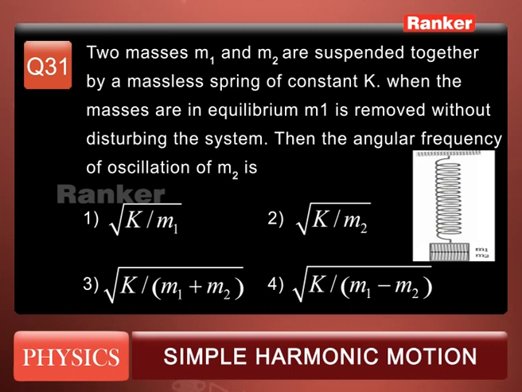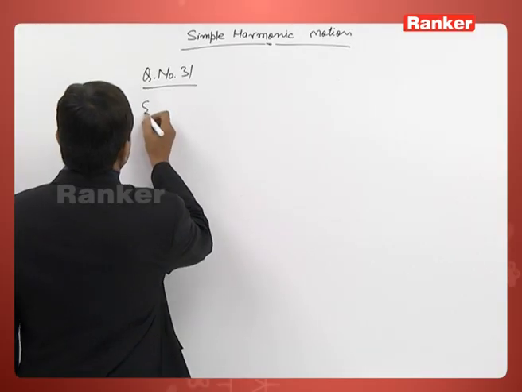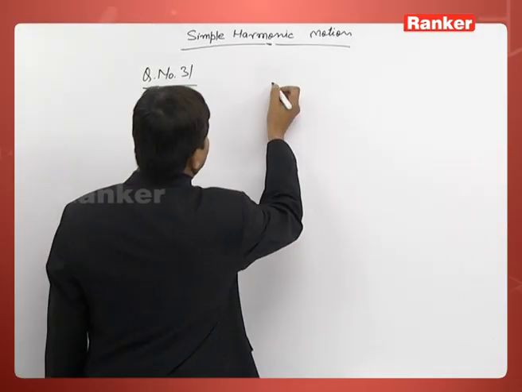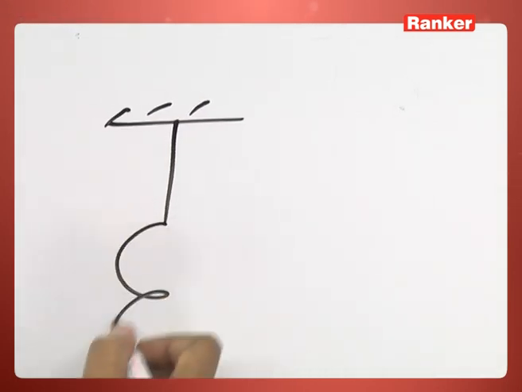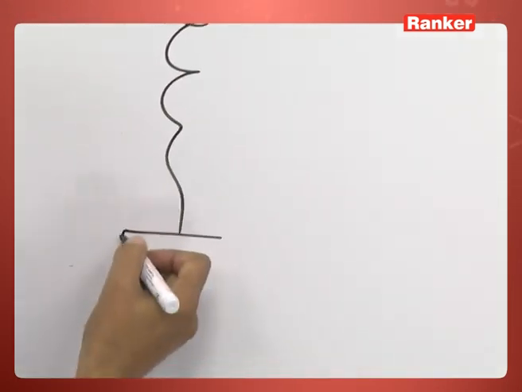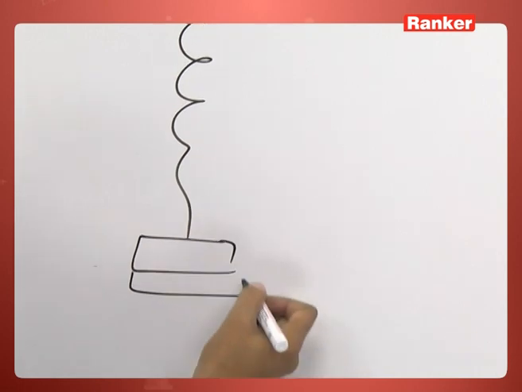Then the angular frequency of oscillation of M2 is: first option root over K by M1, second option root over K by M2, third option root over K by M1 plus M2, and the fourth option root over K by M1 minus M2. See, initially two masses were attached, M1 and M2.